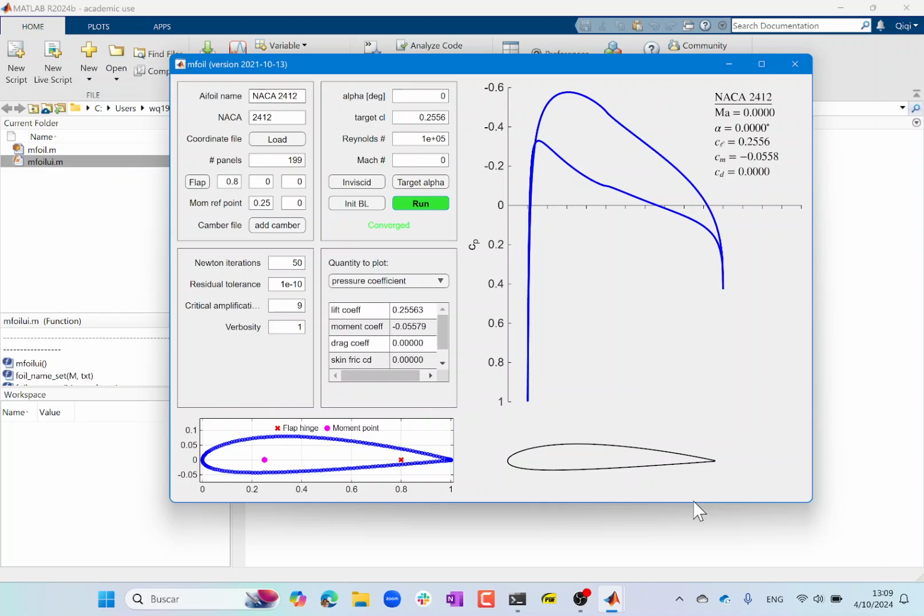What we have been talking about so far assumes all the vortices lie on the surface of the airfoils. There are no boundary layers and no flow separation, and this is the first mode of Xfoil.